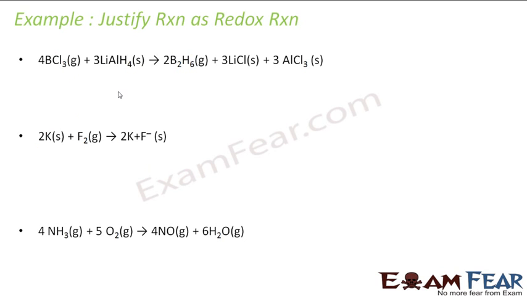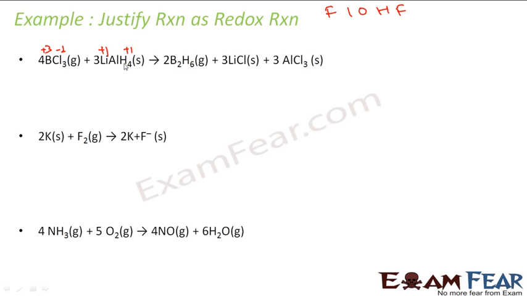Let's take some more examples. In BCl3, Cl is -1 and B is +3. Then H is +1, and we have lithium and aluminium, so we'll make lithium +1.